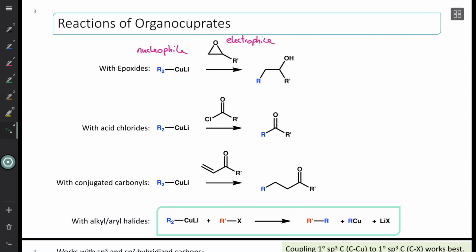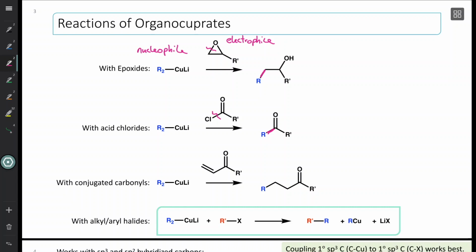So we've seen the ring opening of epoxides, right, where you break this bond and then you form this new bond to one of your R groups, right? New bond to R group. We've seen the reaction with acid chlorides, where you would break that chlorine bond, right? That would be your leaving group, and you get this new bond to an R group.